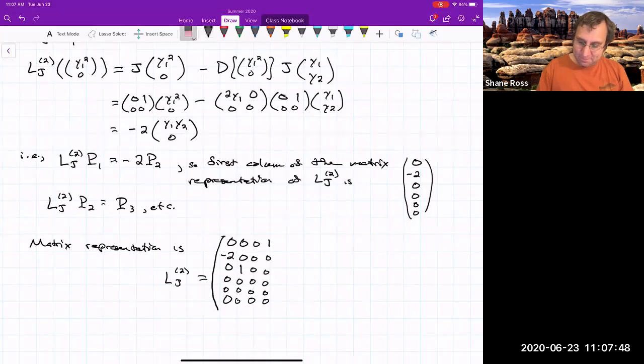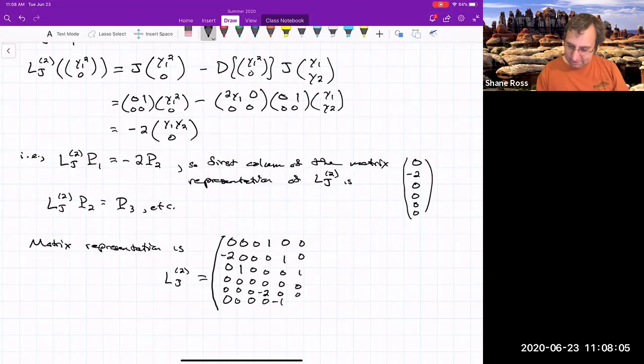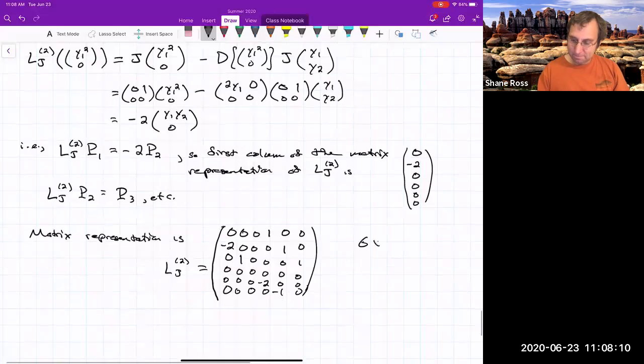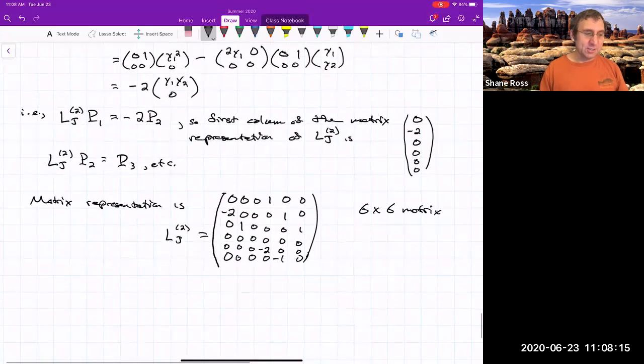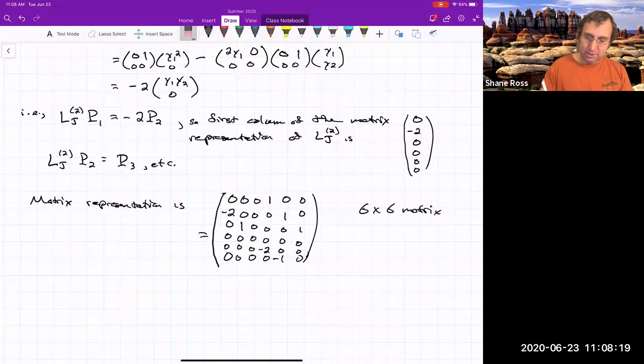Oh, wait, no, there is a -2 down here. 0, 1, 0, 0, 0, minus 1. And then the final one is 0, 0, 1, 0, 0, 0. My goodness. Okay, so it's a 6 by 6 matrix, because H2 has dimension 6. So we could call this, maybe I won't call it J2, I'll call it A.